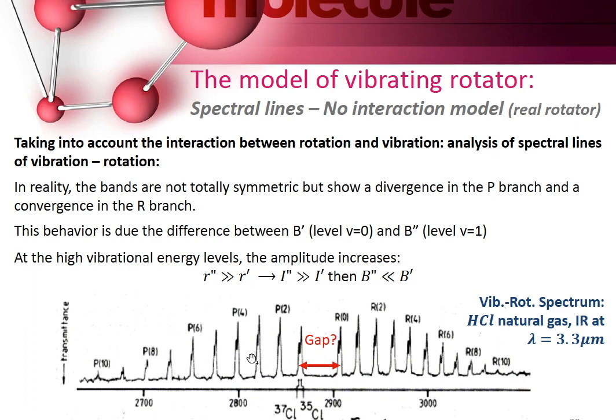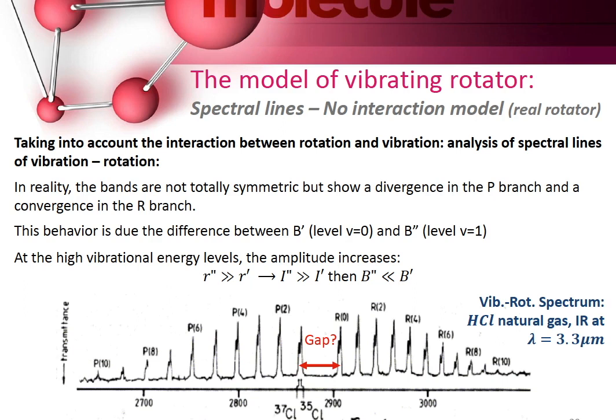I recall that the lines in the pool band and the lines in the ridge band correspond to spectral lines from rotational transitions, and supposedly B, which is the spectral term of the rotation, should be constant.